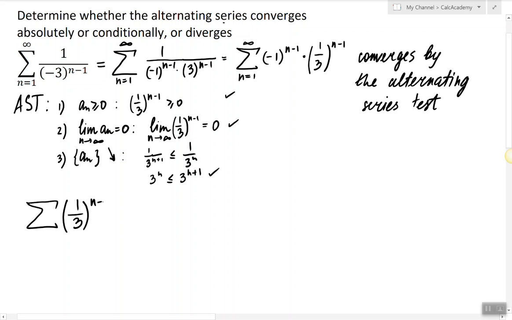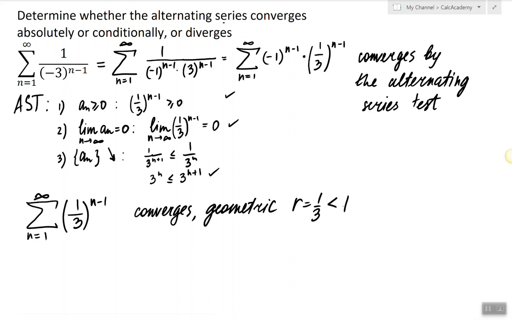So we just ignore the alternating component, and this series clearly converges because it is a geometric series with the common ratio 1/3, which is less than 1. Because this series converges, the original series converges absolutely.